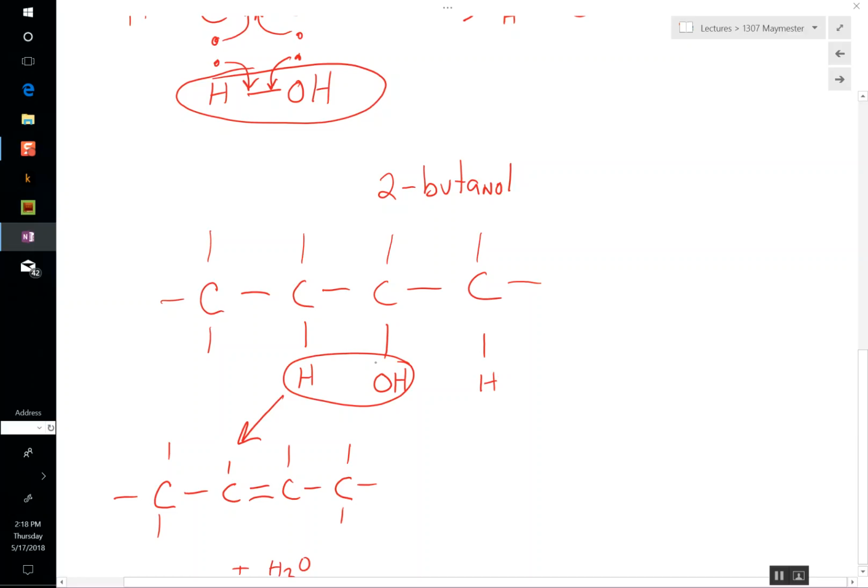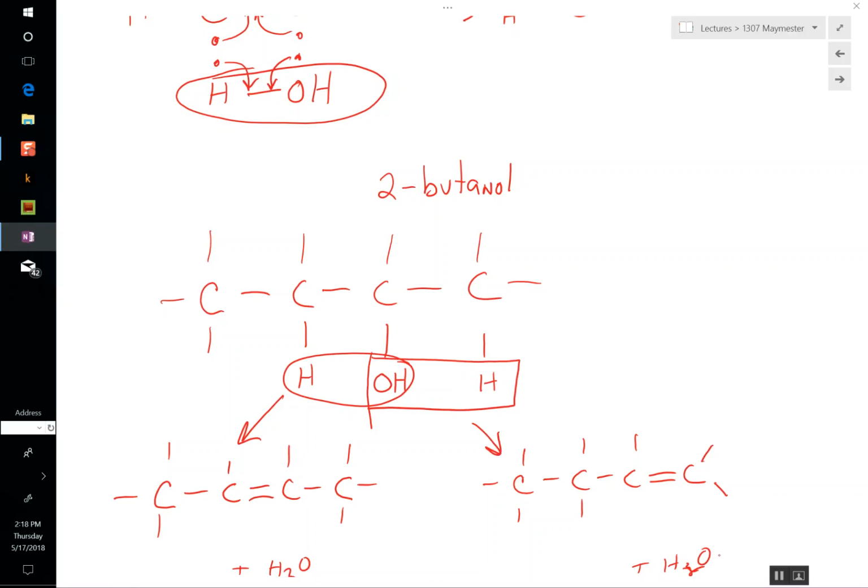And if we lose this, I'll put a square around it, we get this plus a water molecule. One of those is the major product and one of them is the minor product. This is the major product.